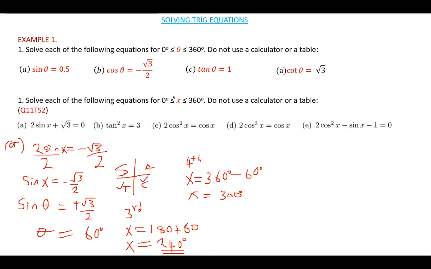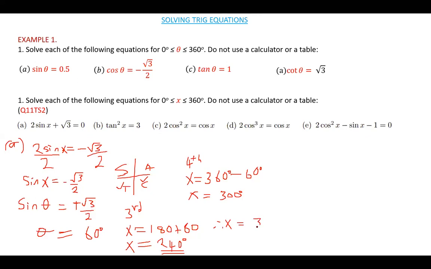If you've been given this domain here, and then you discover that your answer is out of the range, then it's not part of your answer. You just leave it. So make sure that every time you finish solving the equations, you write your answers. Let's say, for instance, you say therefore the value of x will be equal to, and then you list your answers here.